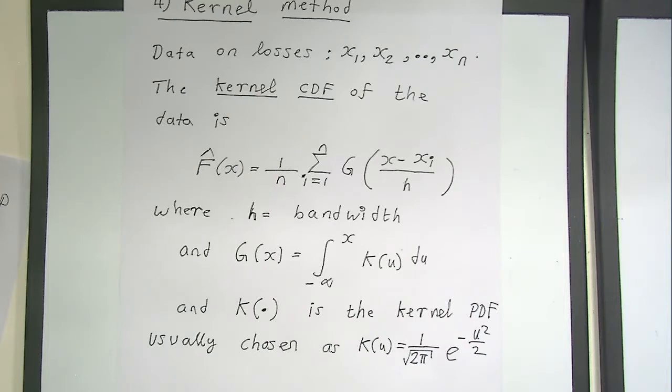where H is the bandwidth, G is the integral of K over this range, and K is known as the kernel PDF. The kernel PDF is usually chosen to be the standard normal PDF, which is this one. H controls the smoothness. The reason it's known as the bandwidth is because it controls how smooth the kernel estimate is. If H is small, it will be zigzag.